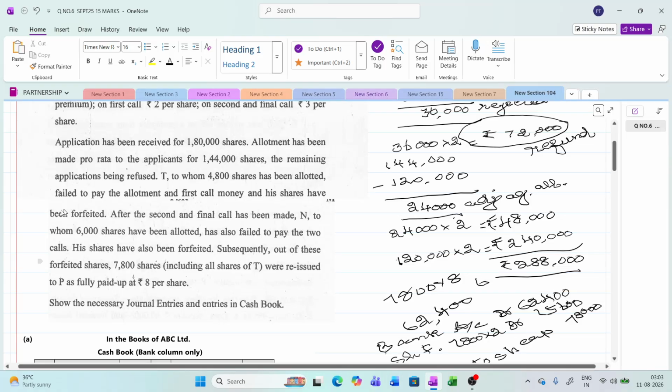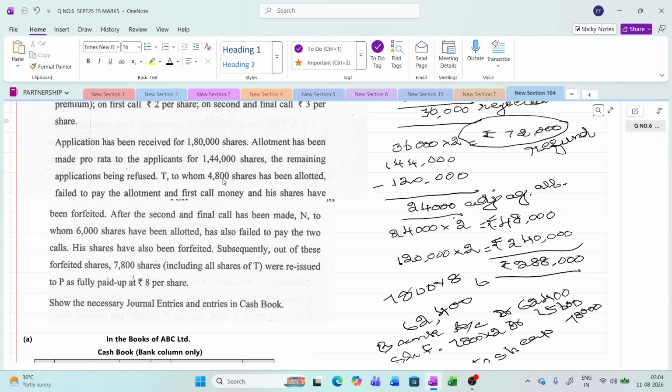After the first call money, the directors forfeited his shares. So now he did not pay the allotment money, we should know how much he has applied for and how much excess application amount is remaining, which is adjusted against allotment, so that we can calculate how much is received in the bank account.